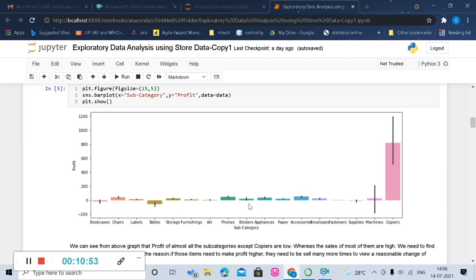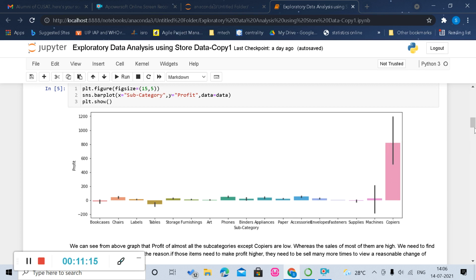Some have very little profit, like appliances, paper. And comparatively, as compared to other subcategories, copiers are standing in front.